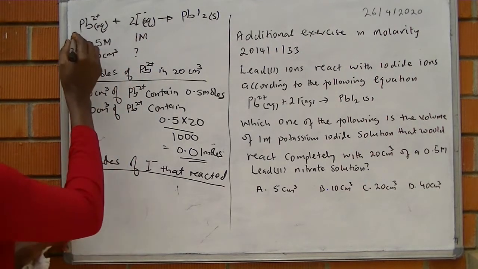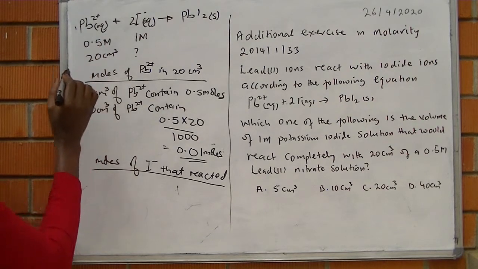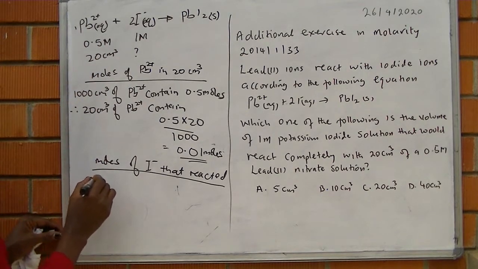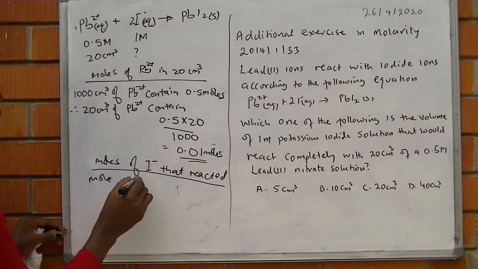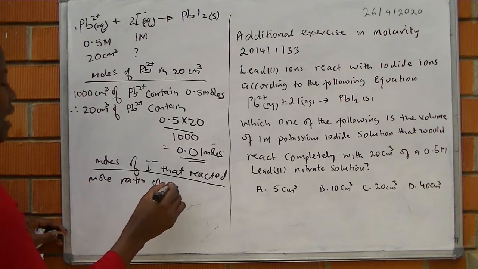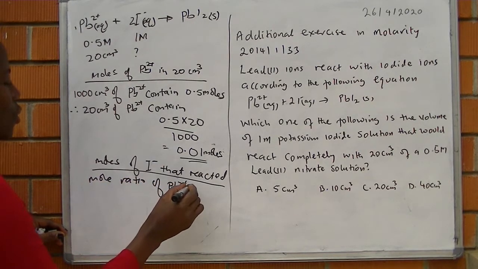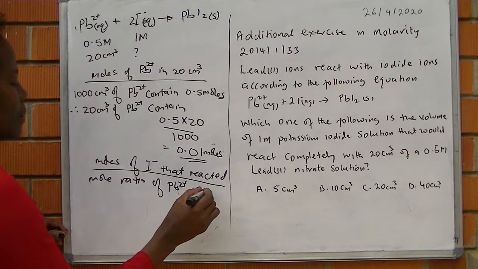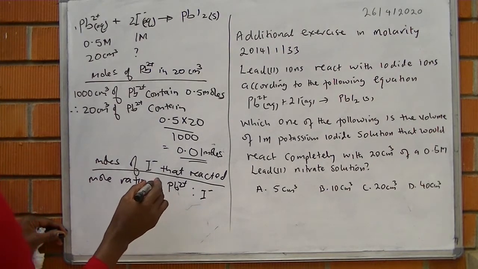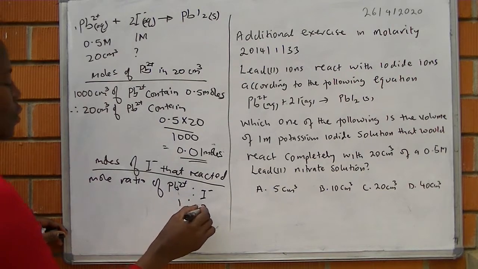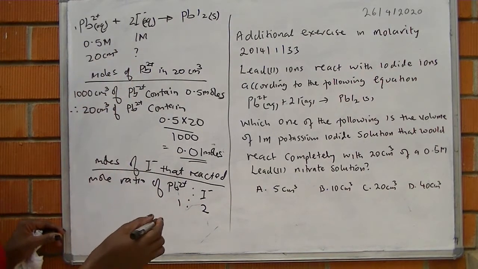For this case, there is nothing in front of lead ions, so we have 1. The mole ratio of lead ions to iodide ions is 1 to 2. What does this mean?